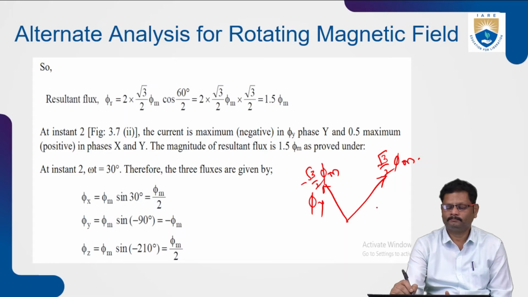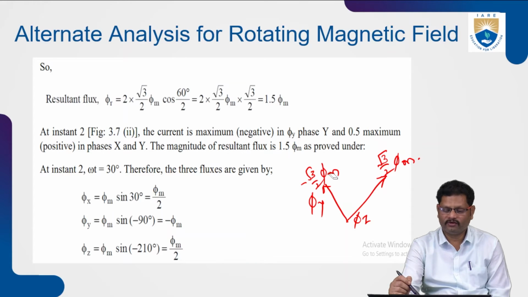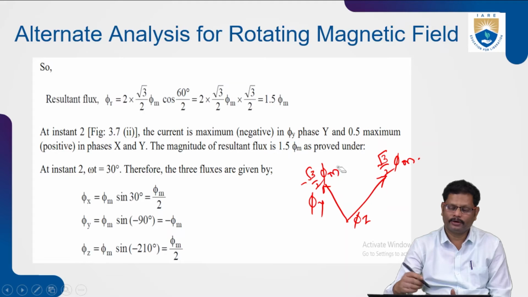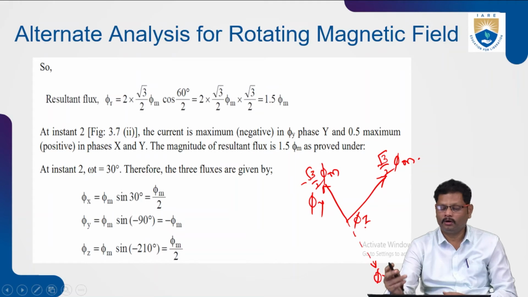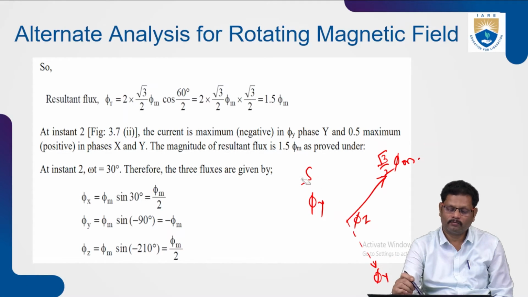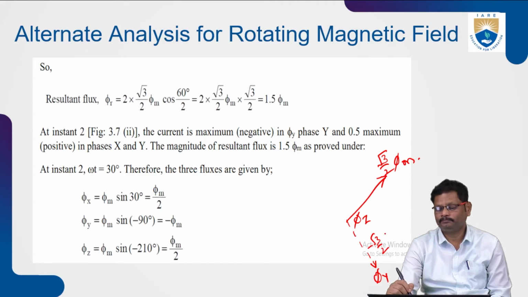Since phi y is negative, we can draw this vector, minus root 3 by 2, oppositely, instead of drawing it in the original direction.